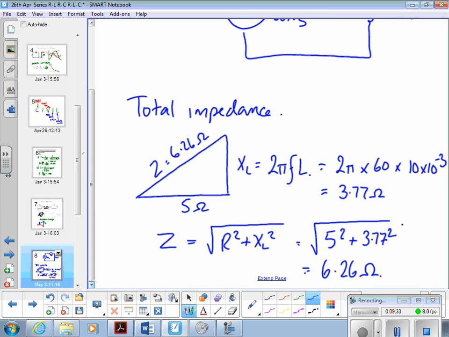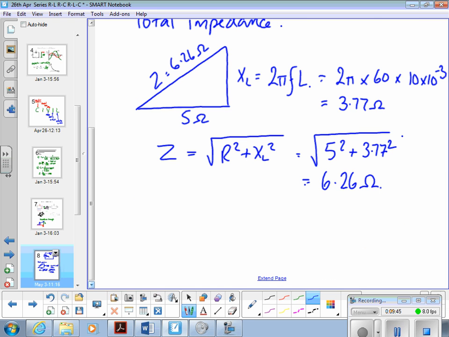Right. What do I need to do to fully describe Z? We need to find this angle in here. I'll call it alpha.